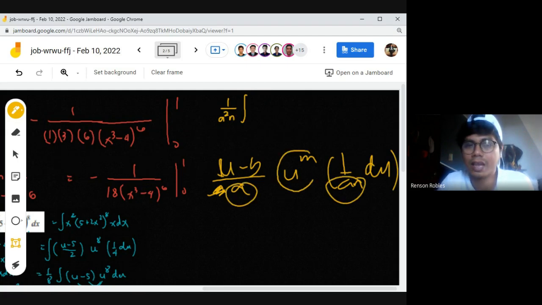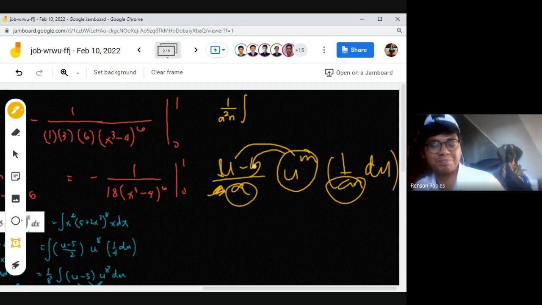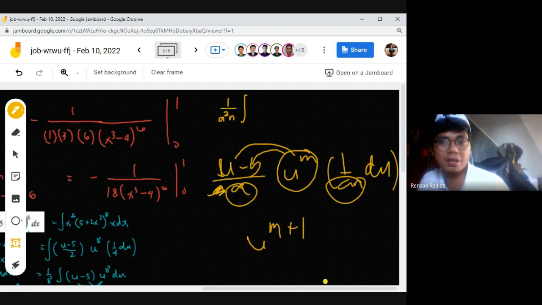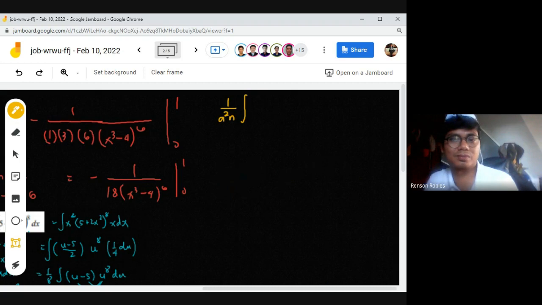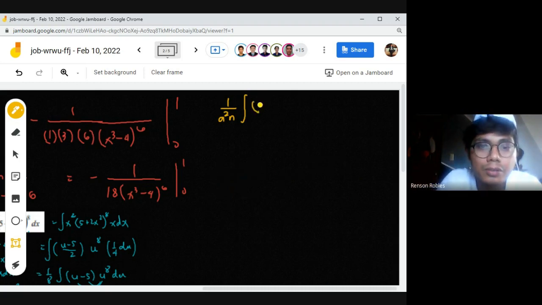And then this u to the m, you introduce it to each term inside u minus b. So you have u to the m plus 1 minus b u to the m. All right? You have u to the m plus 1 minus b u to the m du. And you are now ready to integrate.